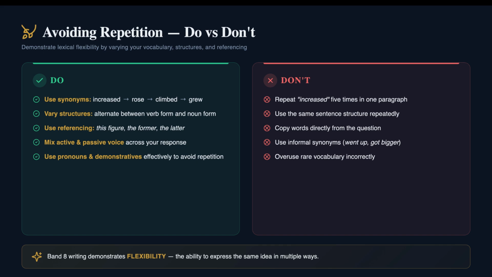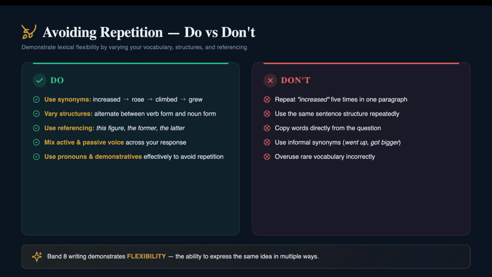Copying words directly from the questions. This is the part we talked about earlier. Please do not copy word for word from the question task. You have to paraphrase using synonyms and sentence structure. Using informal synonyms. Went up, got bigger. So went up, you change it to got bigger. And that is an informal synonym.